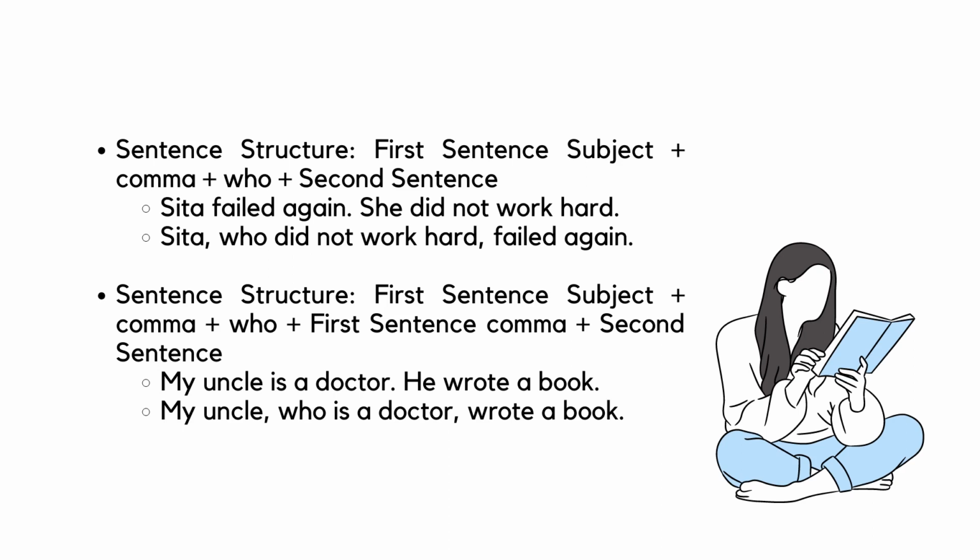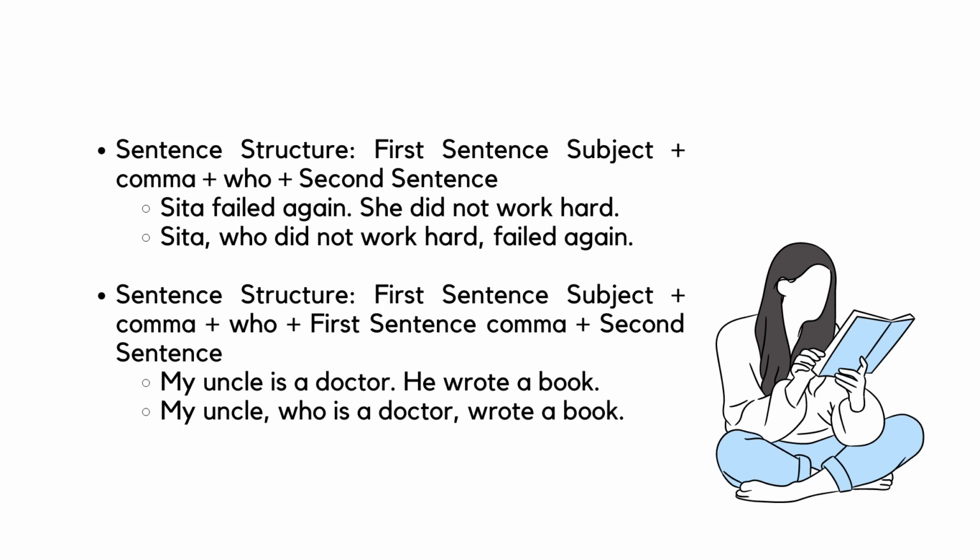Here, the first sentence subject, Sita, is written first. Then, there is a comma after that. Following that, we have written who instead of she, and then we wrote the second sentence, did not work hard. And finally, we have written the remaining part of the first statement after a comma.